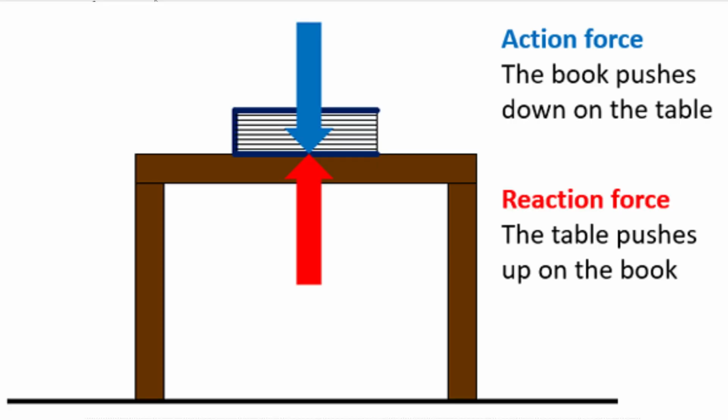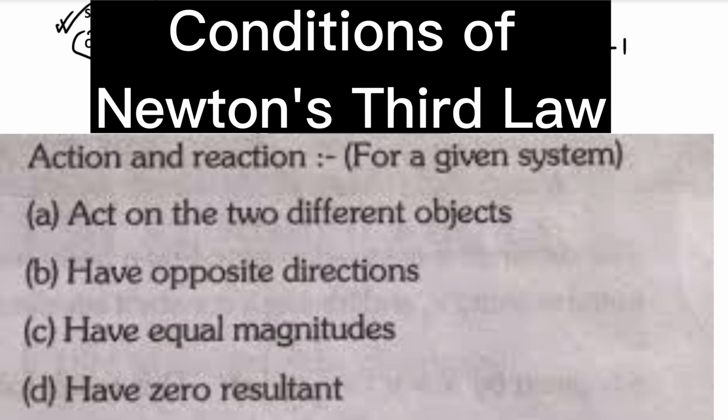Newton's third law: every action has an equal and opposite reaction force. We can apply Newton's third law of motion only when two forces act on different objects and they are the same type of force.